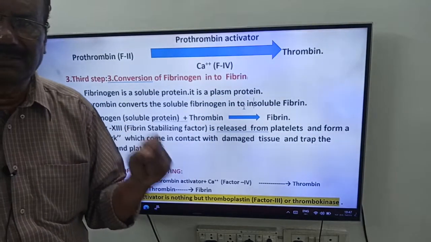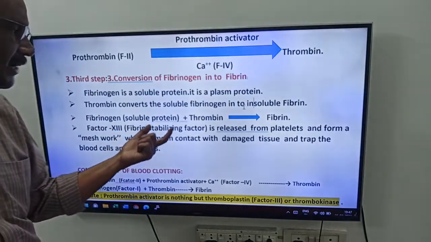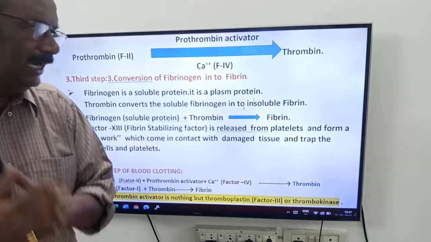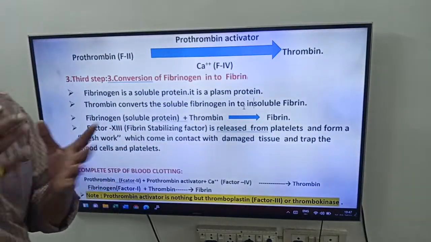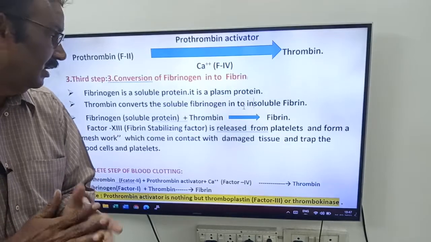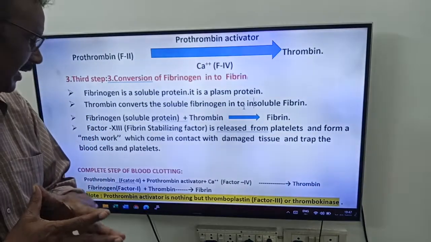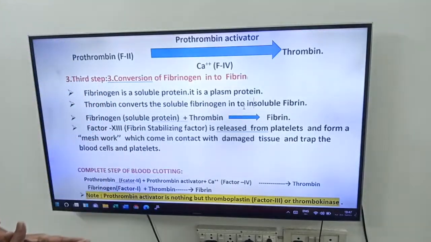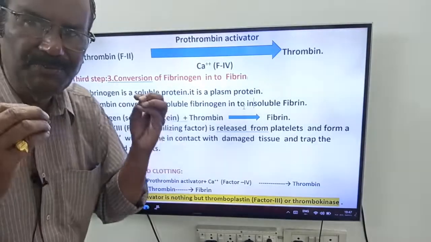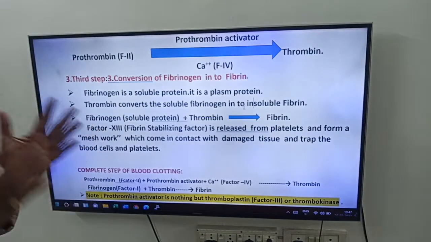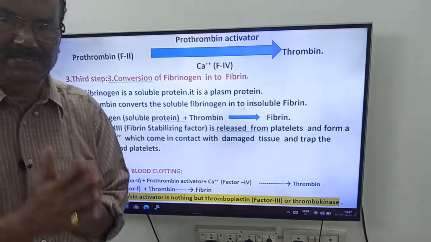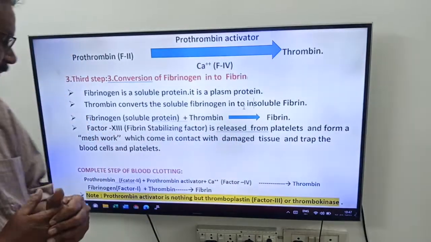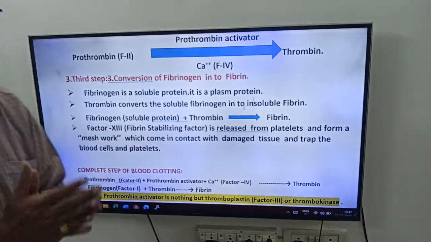Factor 13, that is fibrin stabilizing factor, is released from the platelets and forms a meshwork. This is important, friends. After formation of fibrin, the meshwork comes in contact with the damaged tissue and traps the blood cells and platelets.